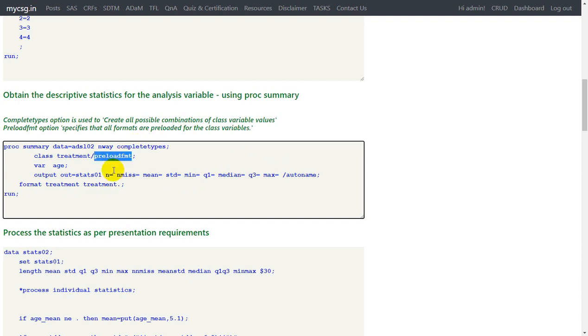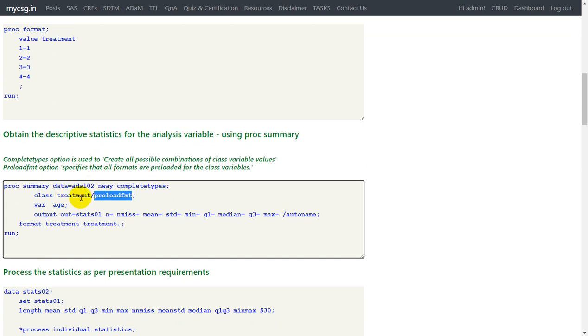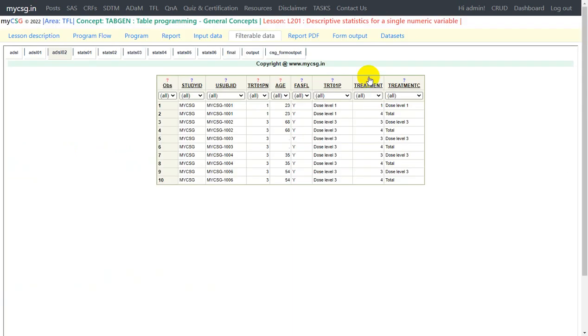What PRELOADFMT does when we use it on the class statement is this: if we do not use PRELOADFMT, it will only create a summary for the levels which are present in the data. In the input data set ADSL02, which we are passing into proc summary, we only have dose level 1, total and dose level 3.